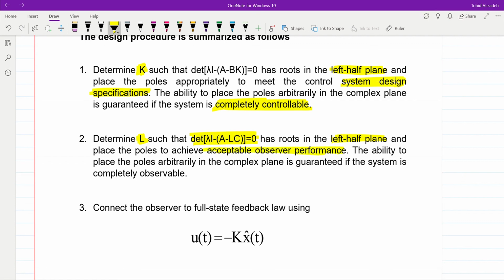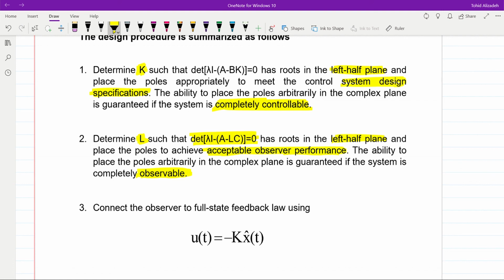We try to have the error signal that we have for the observer going quickly towards 0. And again, the ability to place the poles arbitrarily in the complex plane will be guaranteed if the system is completely observable. If the observability matrix is full rank, then we will be able to design the observer in order to place the poles of the observer at the desired locations.